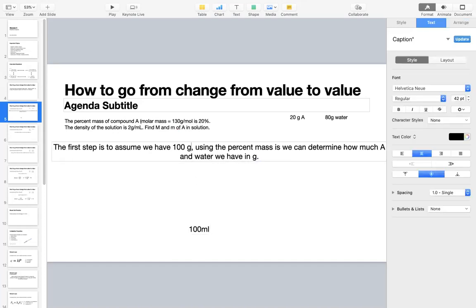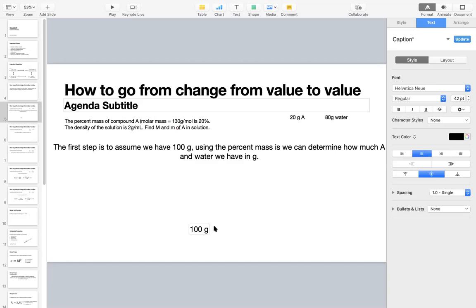If we have 100 grams of the solution, how much would you say is our compound A, if 20% is A? 20 grams.